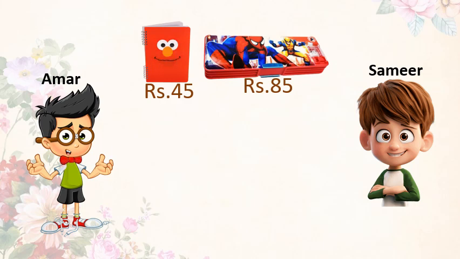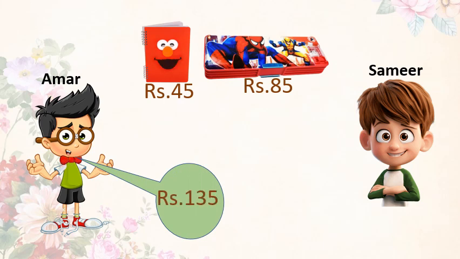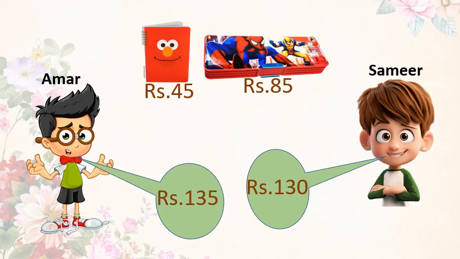Now they have to give the total amount to the shopkeeper. Both of them calculated orally. Now what is the answer for Amar? Yes, Amar got the answer rupees 135. And what answer did Samir get? Samir got 130 as the answer. Yes, students, can you tell me who is right and who is wrong?